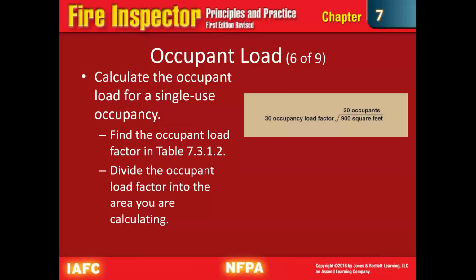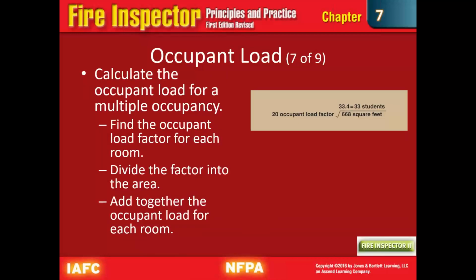It's kind of the size of a shed or a portable building, something real small. If you divide 30 into 900, 30 goes into 900 30 times. And so it'd be 30 occupants. That's how many people you can have inside that space.